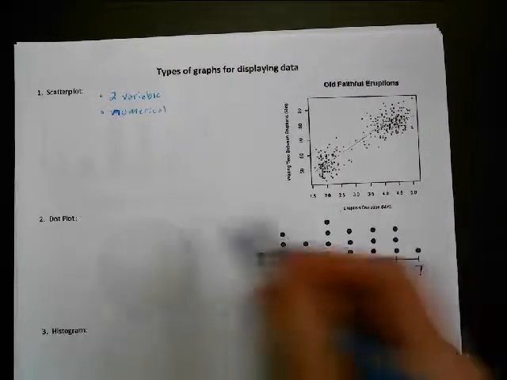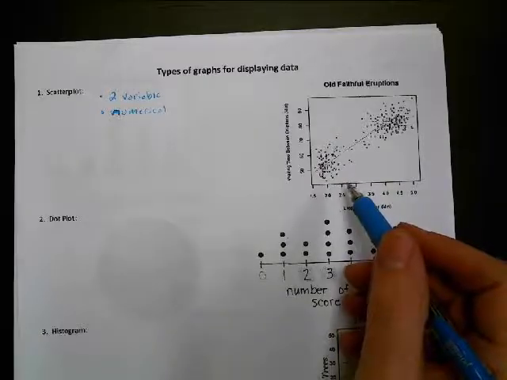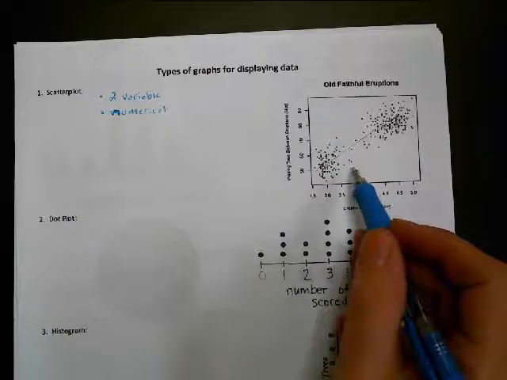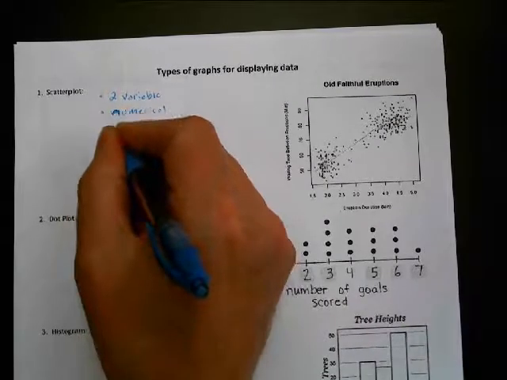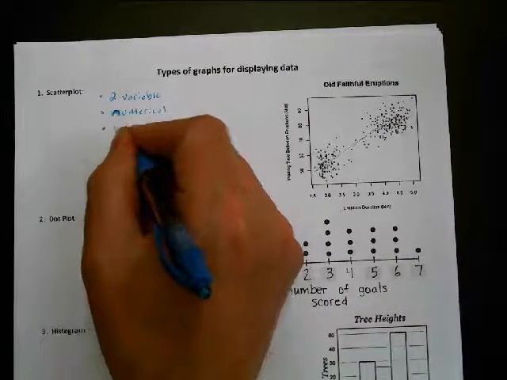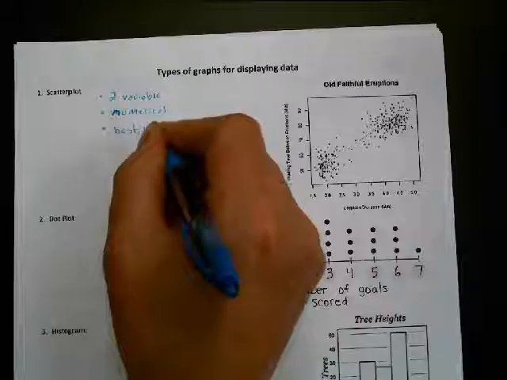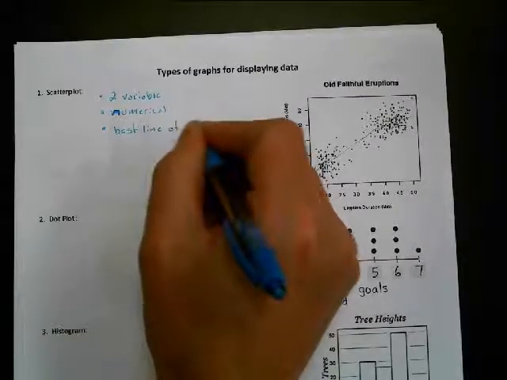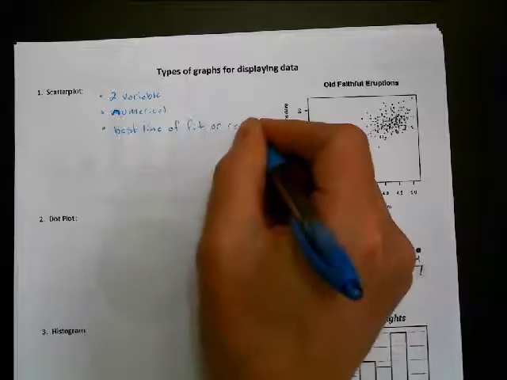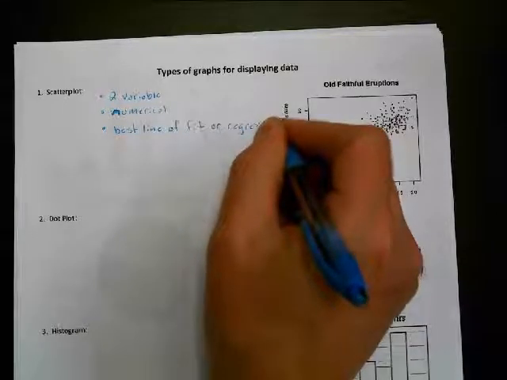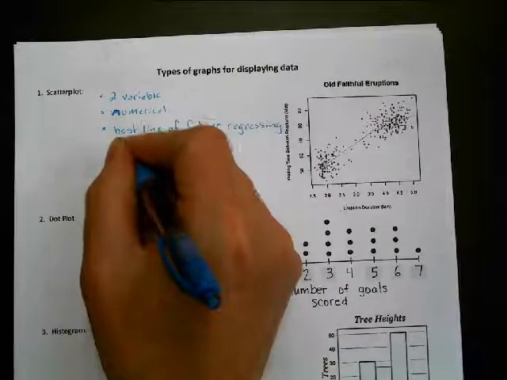Our goal for this one is to make a best line of fit or a regression line. So what we're trying to do with this is make a best line of fit or regression equation.